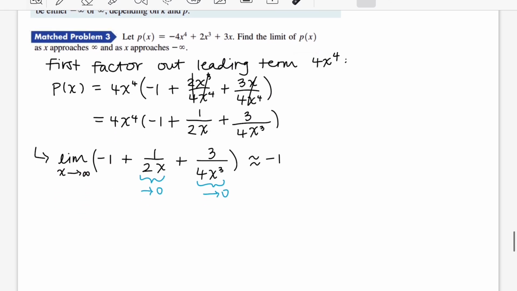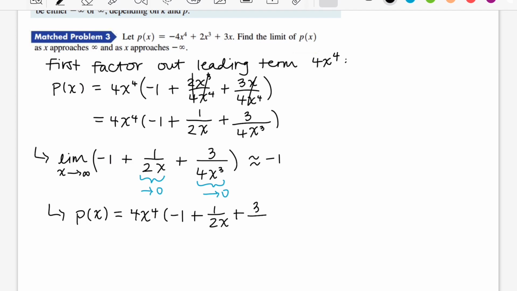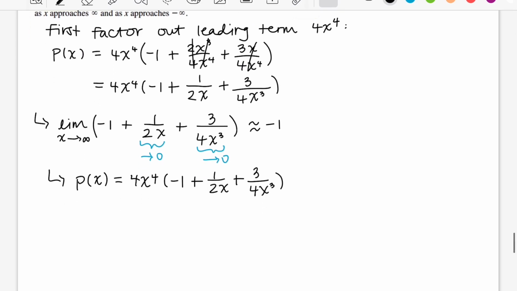And the reason we took the limit of just this part here as x goes to infinity is because now we know that as we get closer and closer to infinity, our p of x is going to get closer and closer to just our 4x to the power 4 term here.